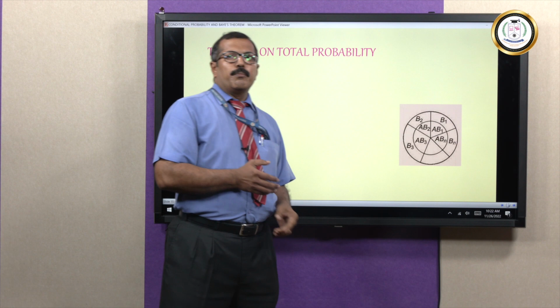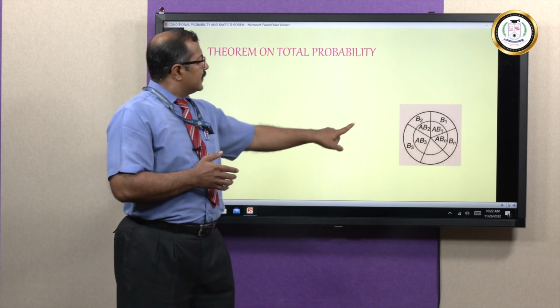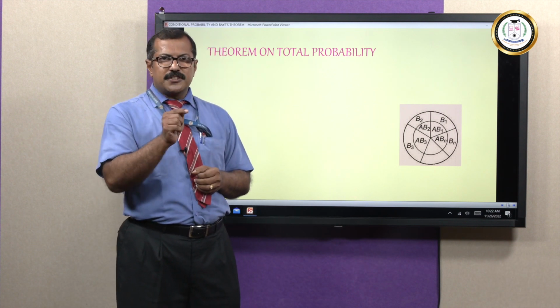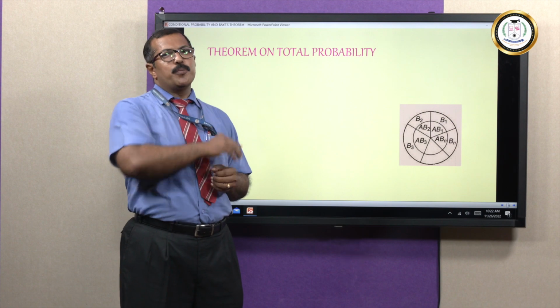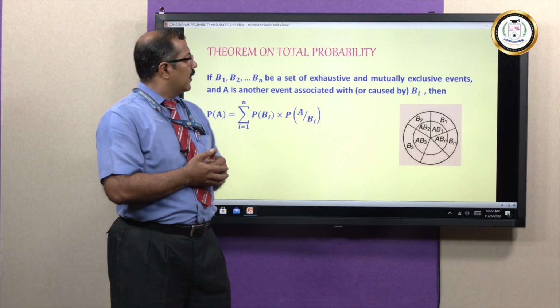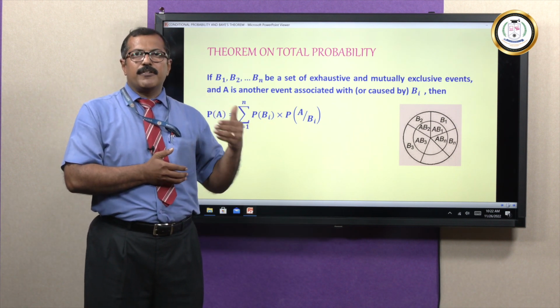B1 to Bn are mutually exclusive and exhaustive, and this event A, the inner circle, is an event that is associated with each of these B1 to Bn. So this is the general setup of this experiment, and we want to know the end result, the probability of A.